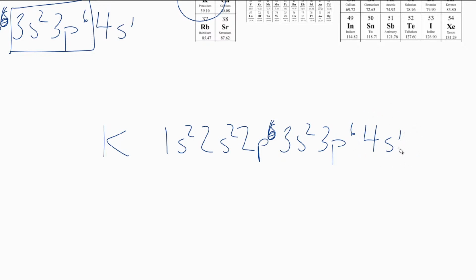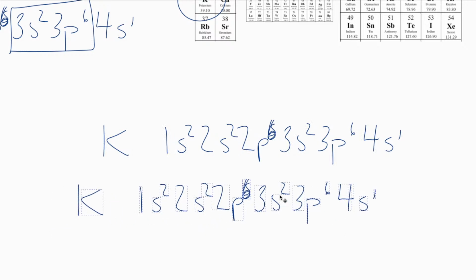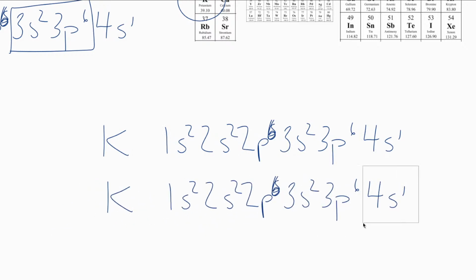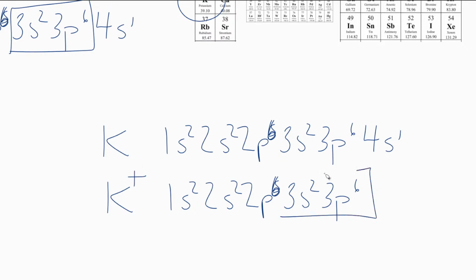And when it loses that electron, now it has 1 less electron. It becomes a positive ion. And this shell right here, it appears to have 8. So this is full. So we have potassium, which is the neutral element, and then the ion, and it becomes an ion to get this shell full.